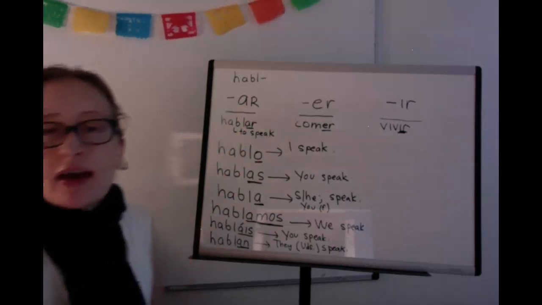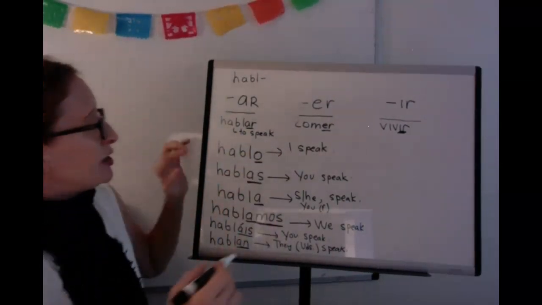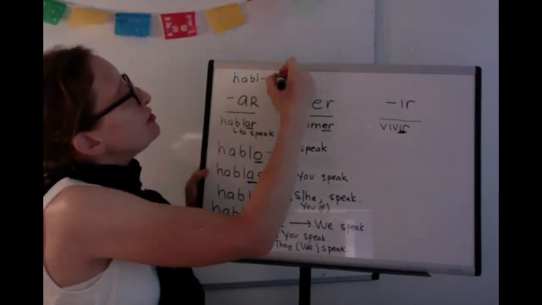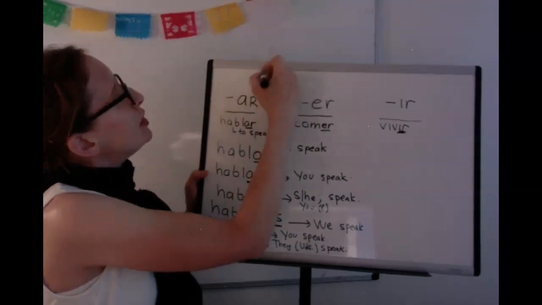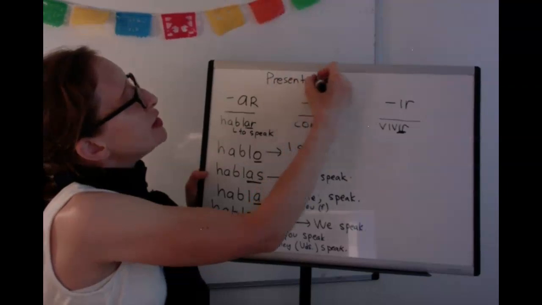These words can actually have additional meanings when we conjugate them this way. And I should mention, in what form are we conjugating these? We're conjugating these right now in what's known as the present indicative.